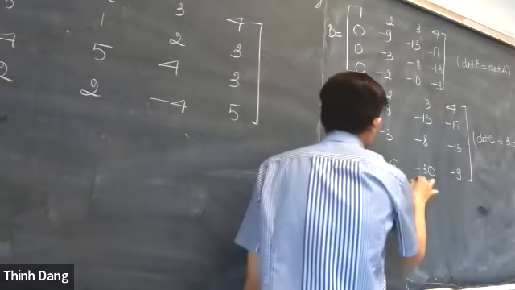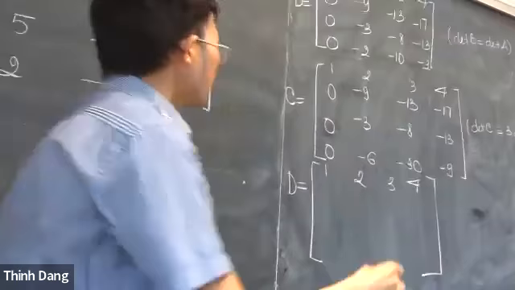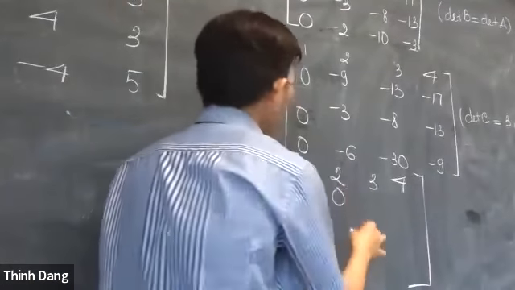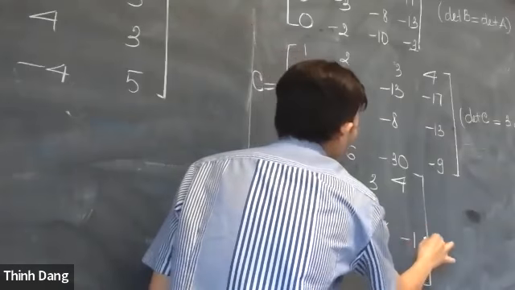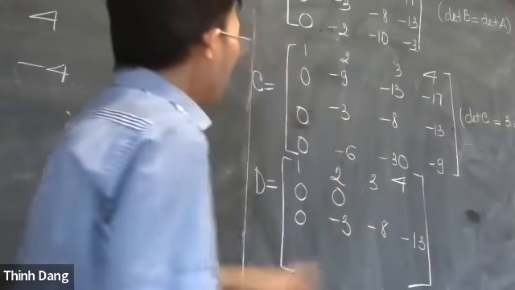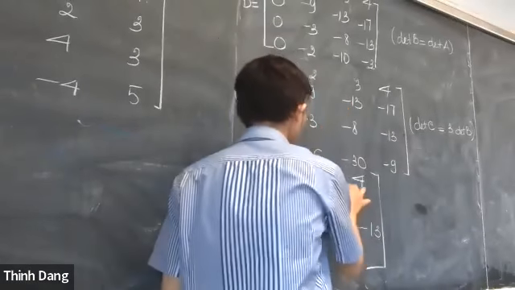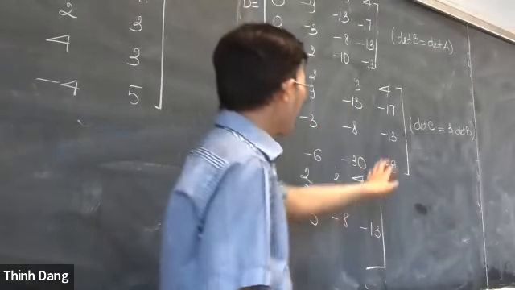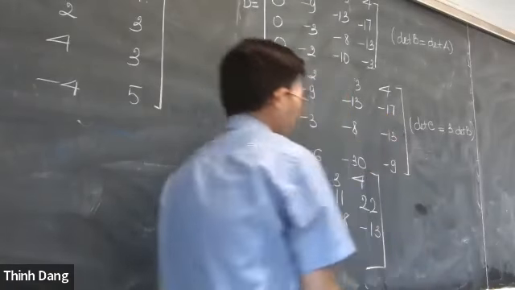1, 2, 3, 4. 0, 0. Oh, so this stays the same. Got 24 minus, it should be 11. We got 39 minus 17, it should be 22.